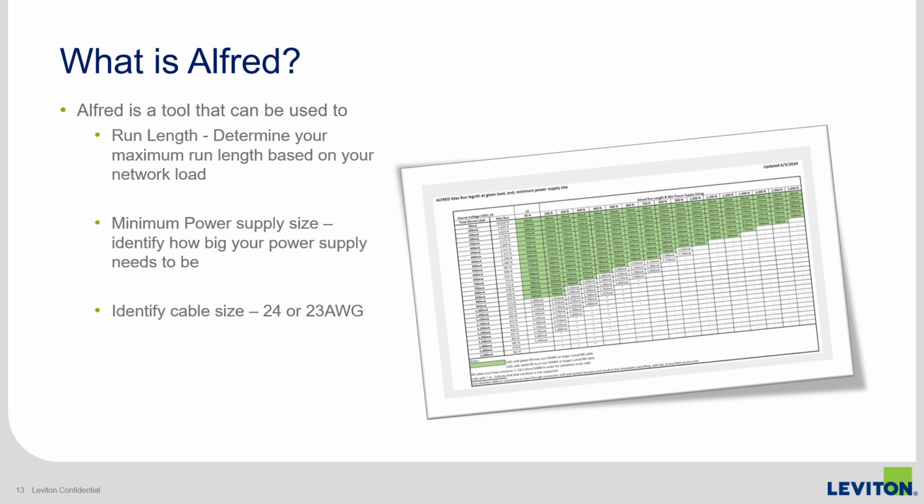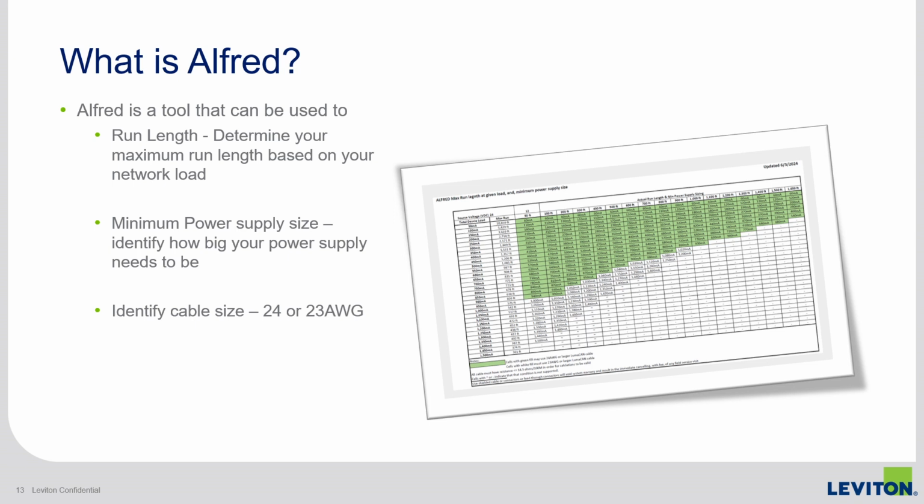Now, earlier I mentioned that you can have voltage drop. Now, if you think about the higher the load on the network, the more voltage drop you're going to have, which increases with the current draw of the network, and you can't go beyond 1,500 milliamps. You also can't go beyond the capacity of your power supply. So there's a balancing act here that's kind of a 3-dimensional balancing act that the Alfred tool helps you resolve.